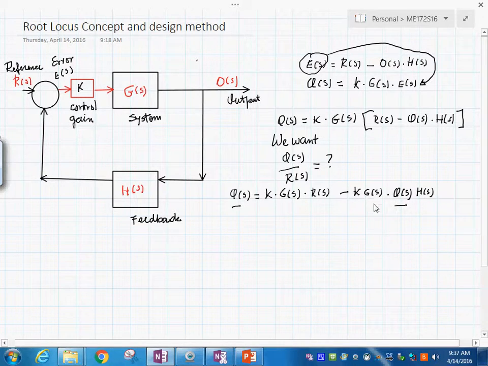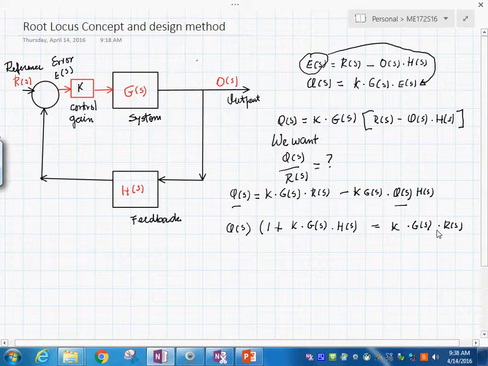So move this one to the other side, and you're going to have that the output of S multiplied by 1 plus K times G of S times H of S is equal to K times G of S times R of S. See? Okay.